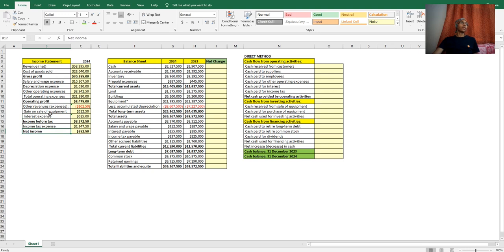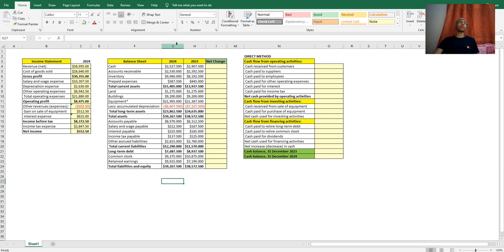Okay, so here this is the format. And in balance sheet, obviously we have started with the current assets. Then we have gone into the long-term assets. Then total assets have been added. Then current liabilities, total current liabilities, long-term debt, different forms of equity, then total liabilities and equity.